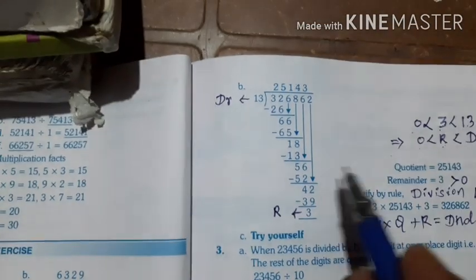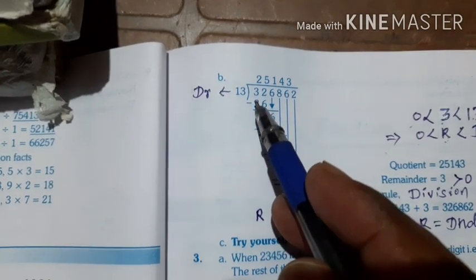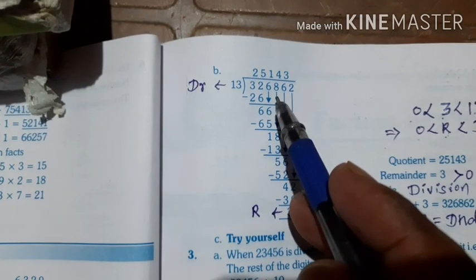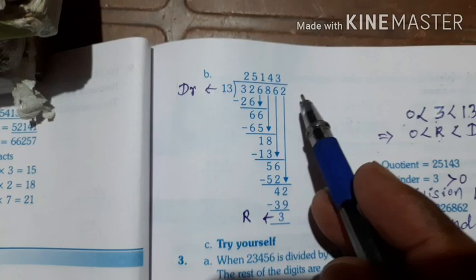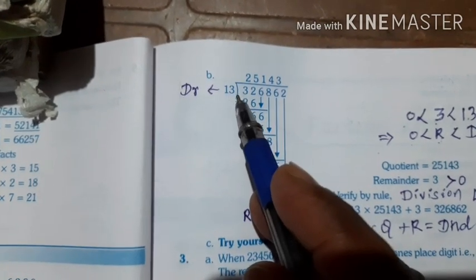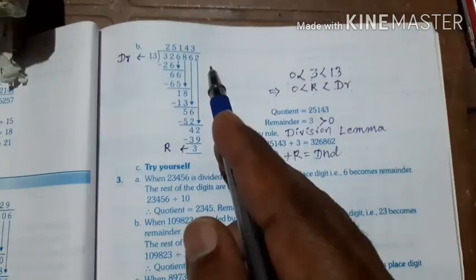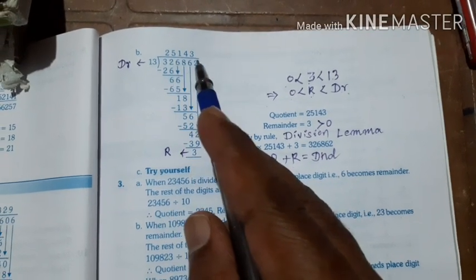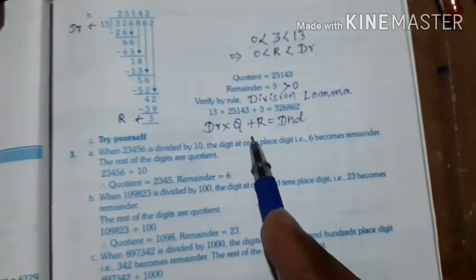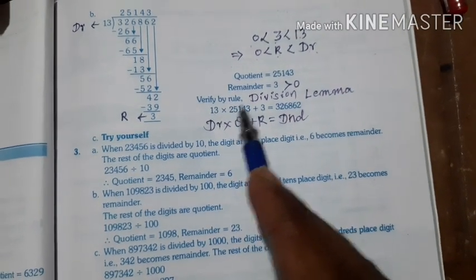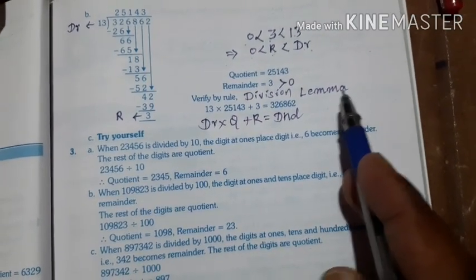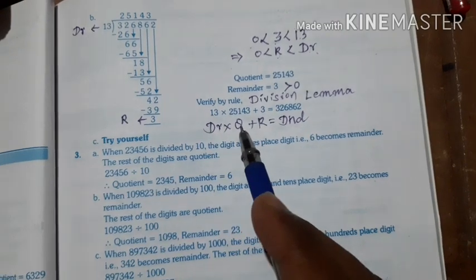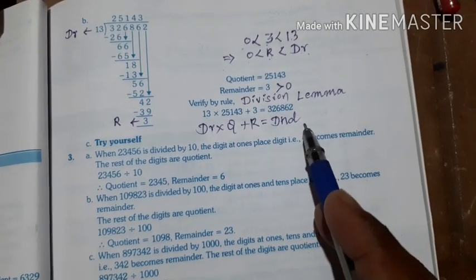And children, here the dividend is 3,26,862 and the divisor is 13. And the quotient is 25,143. Let us verify the rule, division lemma, here. That is, divisor into quotient plus remainder is equal to dividend.